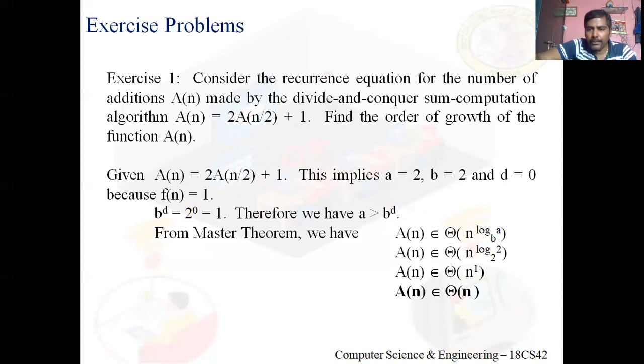On substituting values, A of n belongs to big theta of n to the power log 2 base 2. Log 2 to the base 2 is nothing but 1. So A of n belongs to big theta of n to the power 1, which means big theta of n. So what is the order of growth? Linear.